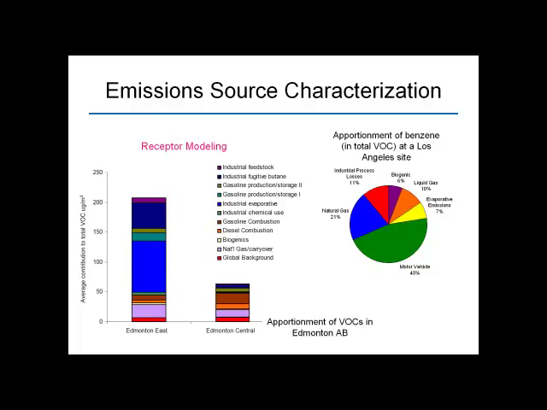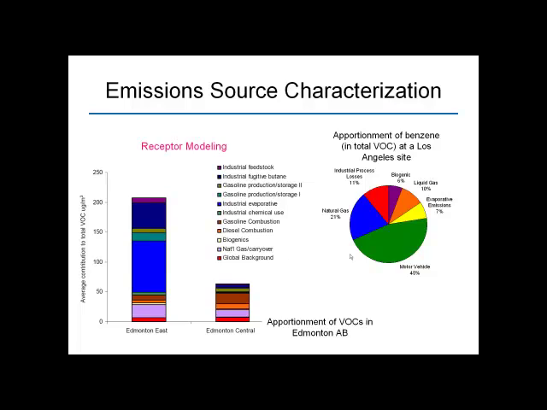And the Edmonton East site is near a whole bunch of holding tanks and petrochemical facilities, and so it really had a whole bunch of industrial evaporative emissions of a number of different chemicals that were identified, whereas the Edmonton Central site was located in their downtown area and had a higher concentration of gasoline combustion and diesel combustion sources than the other site. And so this is a really nice way of showing that the two different sites had really different concentrations of VOCs in total and what the individual emissions were to both sites.